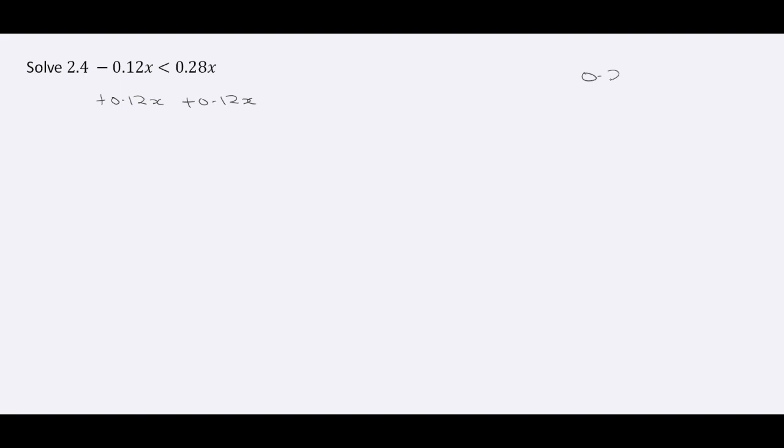So 0.28 plus 0.12, we add this together. 8 plus 2 is 10, 0, carry 1 up here. 1 plus 2 plus 1 is 4, and then 0 plus 0 is 0. So 2.4 is less than 0.40x.